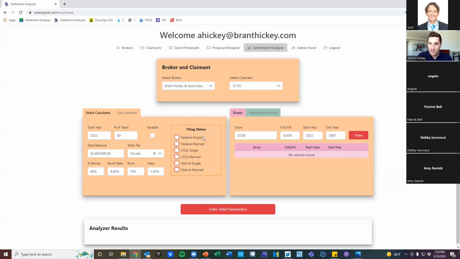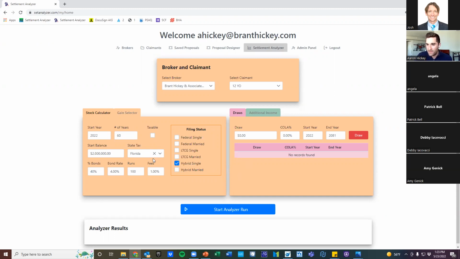So the hybrid tax bracket allows for taxation of both a federal and a long-term capital gain rate, which is the most accurate way that we can put this forward. So for this scenario, we're saying it's a 12-year-old, they simply are not married. We're going to utilize a hybrid single tax bracket.